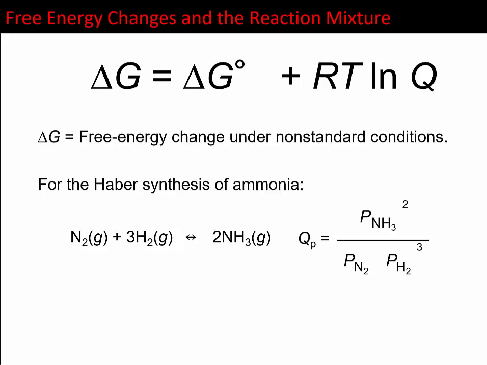So for our Haber synthesis of ammonia, this is our balanced chemical equation. We're going to take nitrogen gas and hydrogen gas, and we're going to form some ammonia. And our Q is going to be the partial pressure of the ammonia squared divided by the partial pressure of the nitrogen and the partial pressure of the hydrogen cubed.